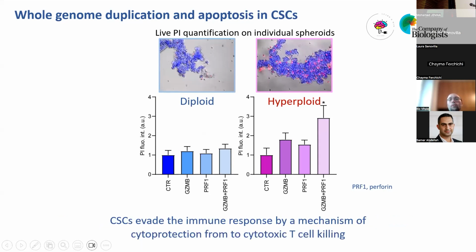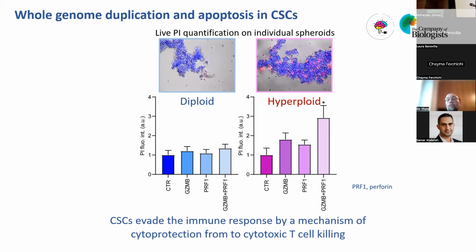This is important because granzyme is released by effector immune cells together with perforin, and is responsible for the killing of tumor cells once they are recognized by the immune system, which means that cancer stem cells in general have this mechanism of cytoprotection to cytotoxic T cells, and the duplication of the genome sensitizes them to granzyme.